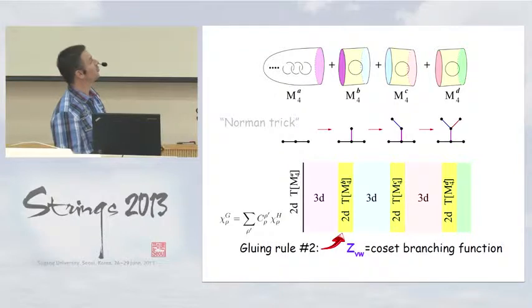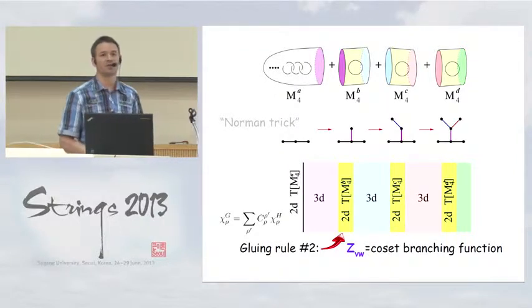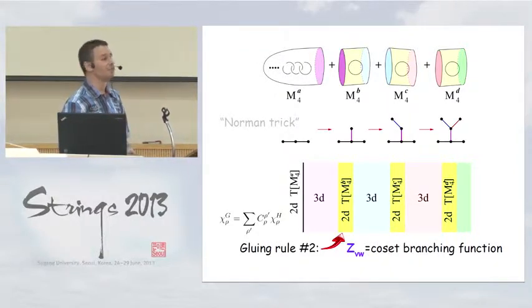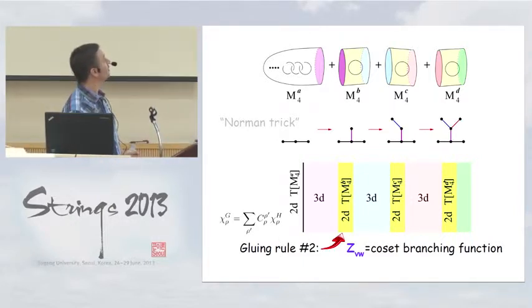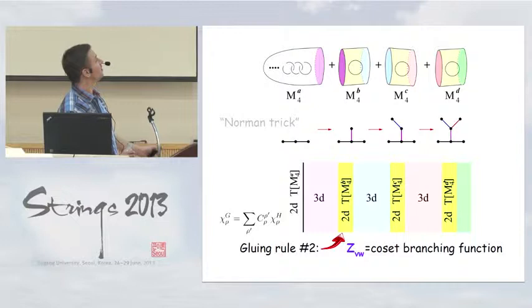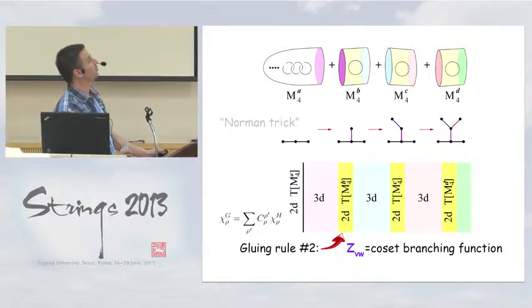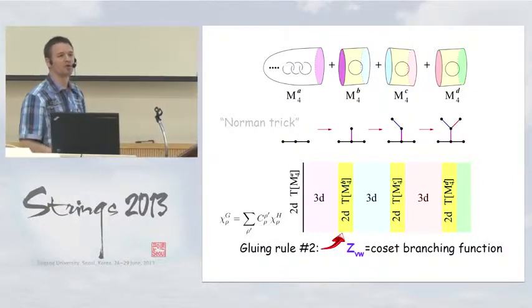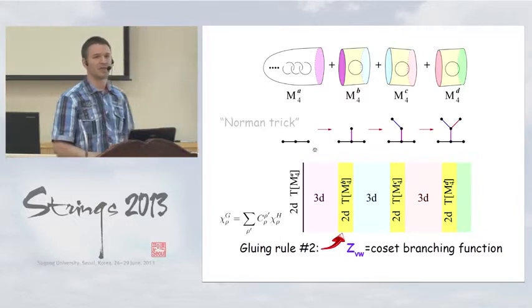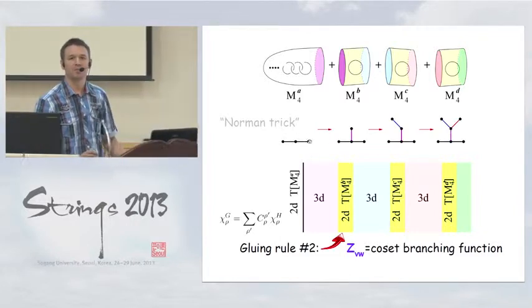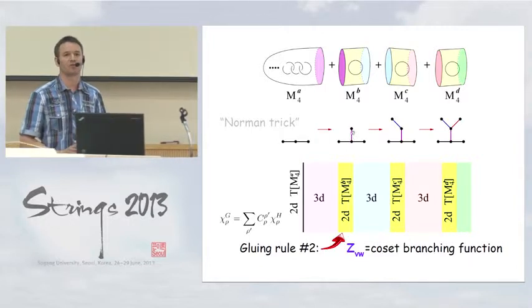So you basically increase the second Betti number in a sequence of steps, and there is a very simple exercise based on the so-called Norman trick that shows that there are actually many ways to build the same 4-manifold in this procedure by a sequence of cobordisms. This Norman trick is a good exercise in Kirby calculus, which goes a little bit beyond the standard exercises in textbooks, but it has one important consequence for us.